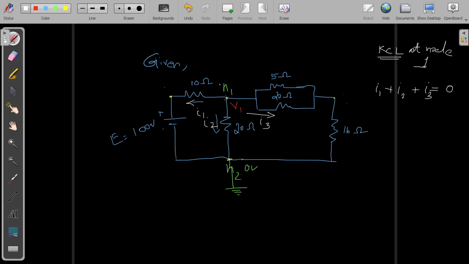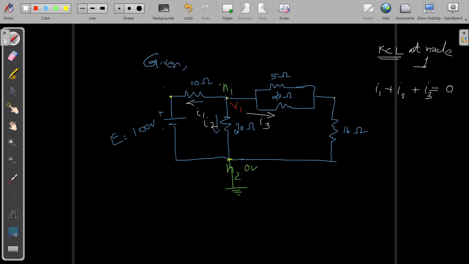Now I am applying Ohm's law for all these branches associated with the node N1. Now I have the current I1 through the 10 ohm resistor, which by Ohm's law is the voltage across it divided by the resistance 10 ohm.